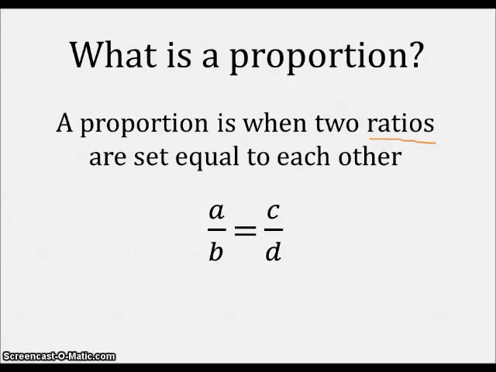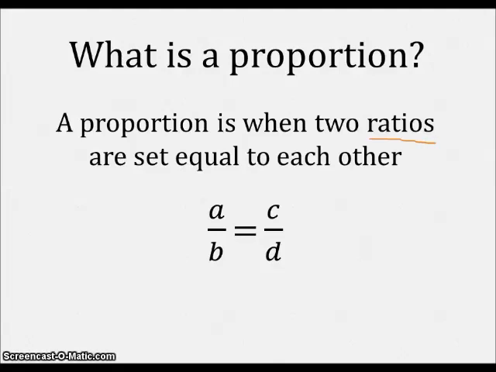Now you might say to me, Mr. Pettit, why are you using letters instead of numbers? Well, if you remember from the introduction, I said ratios or proportions could often use variables. And variables are nothing more than a placeholder. So you have to think of these as some unknown numbers.